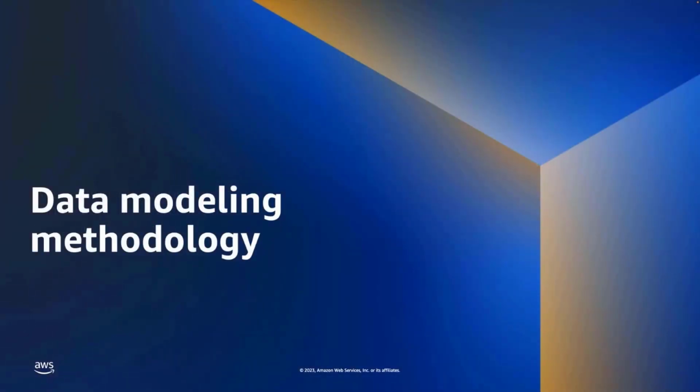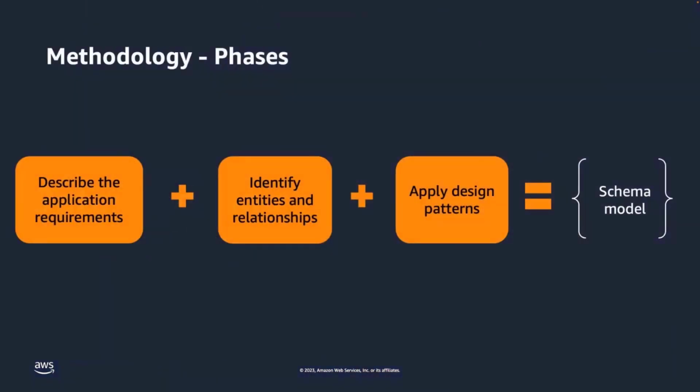So let's discuss the methodology. There is a methodology, a set of steps to follow in order to define your schema, which are grouped into three major phases. The first one is to lay down all the application requirements and gather all there is possible to know about your data.